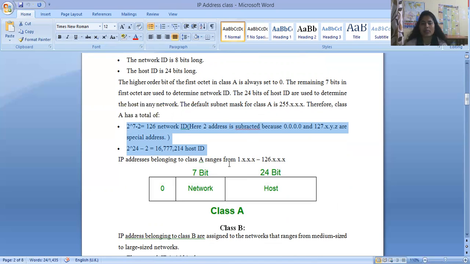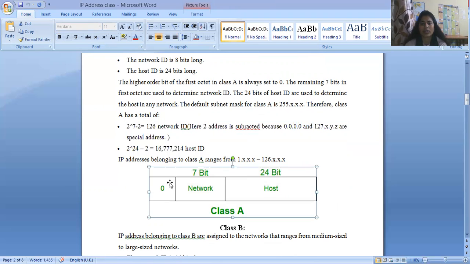The IP addresses belonging to class A range from 1.x.x.x to 126.x.x.x. Here 0 is reserved for identifying class A, and 7 bits are for the network ID. In total it is 8 bits, 1 bit 0 is reserved at the start, 7 bits are the network, and the rest 24 bits are the host ID.